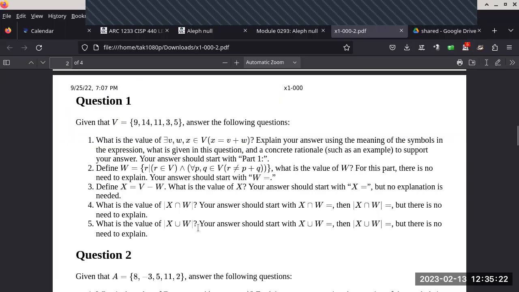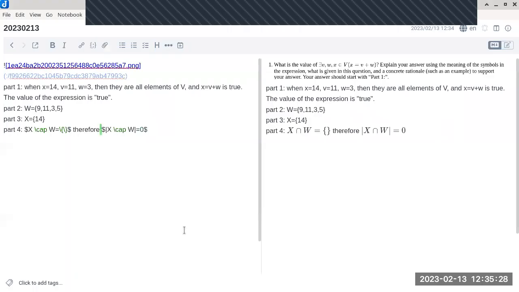So part 5 is kind of the same thing, except it is about the union of the two. So over here, I'm just gonna copy and paste. This is for part 5. And instead of a cap, we have a cup. That's the only difference between an intersection and a union.